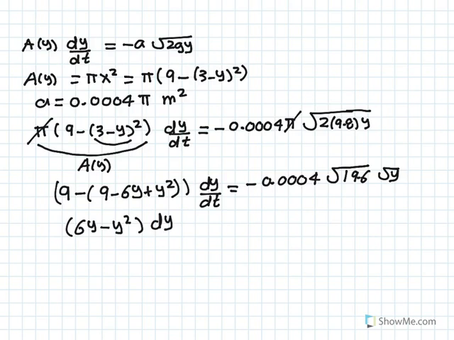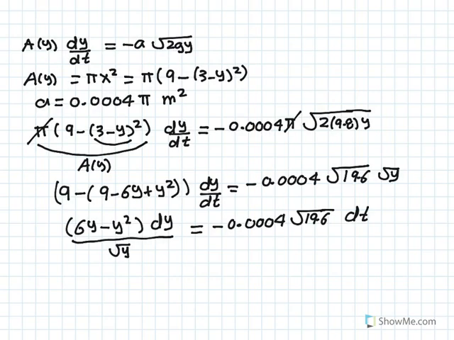And let's divide by root y. We're separating the variables at the same time. Root y is equal to minus 0.0004 root of 19.6 times dt. We now have the variables separated. So what we have is 6y minus y squared divided by y to the 1/2.